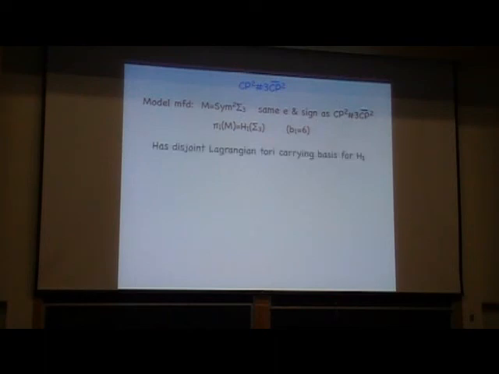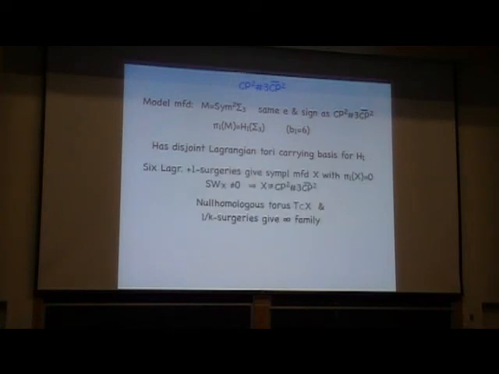In fact, it's easy to find disjoint Lagrangian tori carrying a basis for H1. And if you do 6 Lagrangian plus 1 surgeries, so these 6 Luttinger surgeries, they give you a symplectic manifold which is simply connected, non-trivial Seiberg-Witten invariant, but homeomorphic to CP2 blown up 3 times.